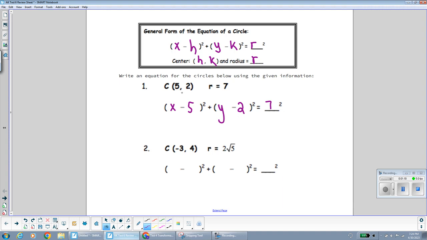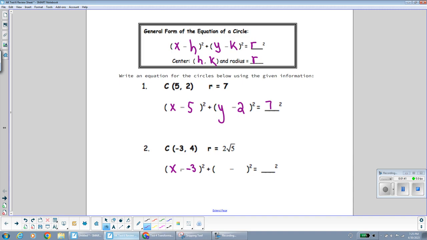Notice how when you plug into the format for the equation of the circle, the x and y coordinates of the center look like they have the opposite signs, because there's that built-in minus in the format. In the next one, we're going to do the same thing. We're given the center and the radius, and we're going to write the equation of the circle. x minus the x coordinate of the center, which is -3.